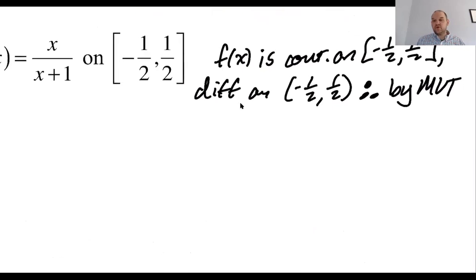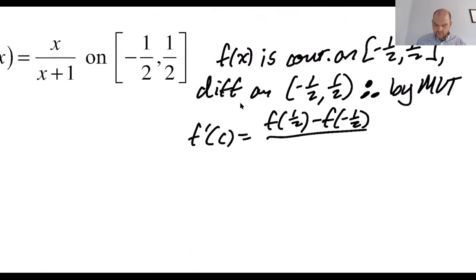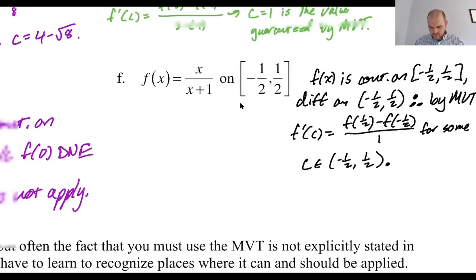I'm going to keep cramming it. f prime of c equals f of 1/2 minus f of -1/2 over 1/2 minus -1/2, which is just 1, for some c, which is an element of -1/2 to 1/2. So guaranteed this will happen at least once. Could happen more than once, but guaranteed once.